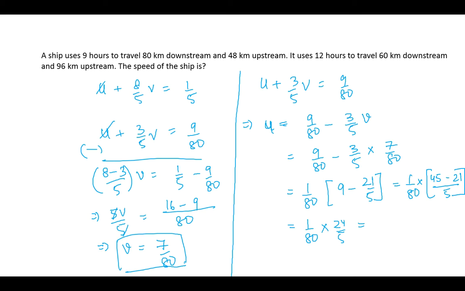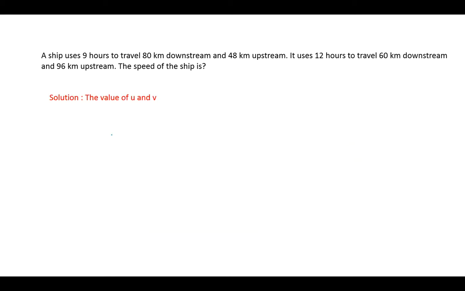My 8 is a common multiple of both of them, so I can simplify more. This can be 3 by 10 into 5, which is 50. So I've got my values of u and v. I've got u as 3 by 50 and v as 7 by 80.